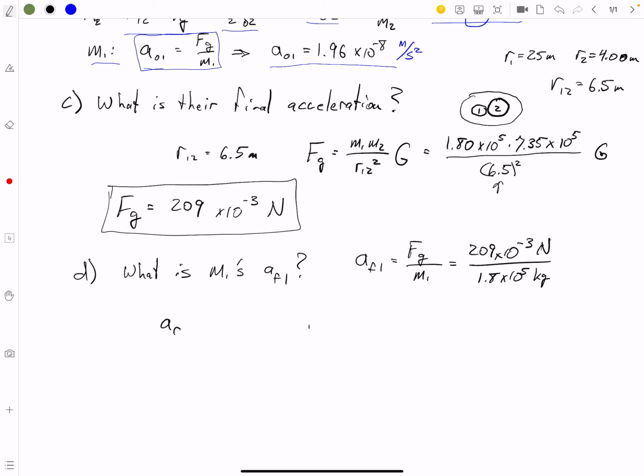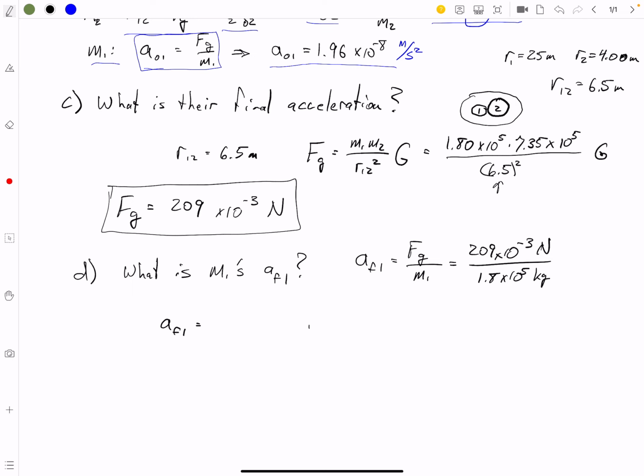All right. 209, enter, 1.8, divide, and then we're going to have 10 to the 5 on the top. 10 to the minus 5 plus 10 to the minus 3 is 10 to the minus 8.